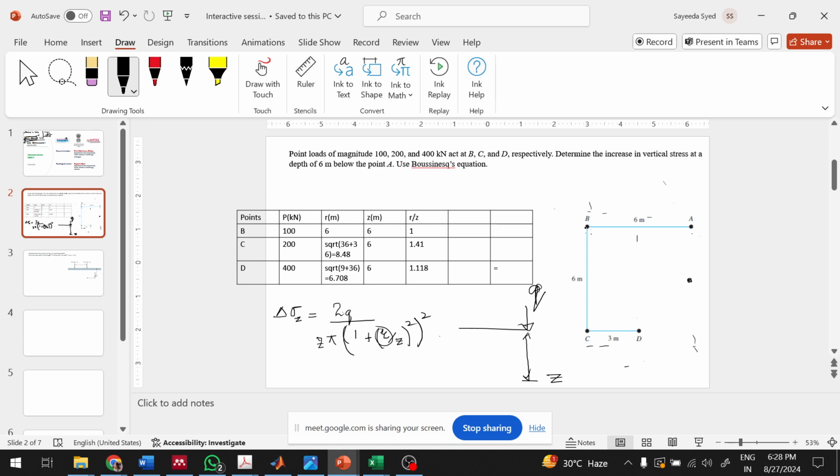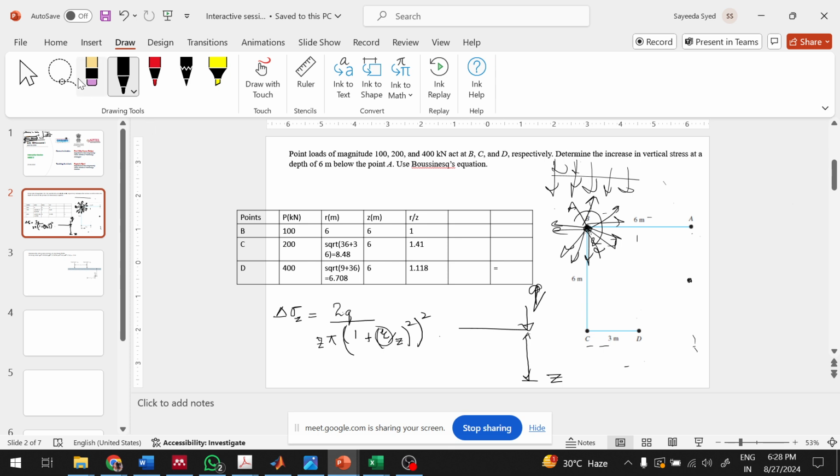As in, from the top view, we are not taking x and y, we are taking r in any direction, because this is a point. It will influence in all the directions about it, isn't it? If it was a line load, we would be talking about perpendicular to the line load.